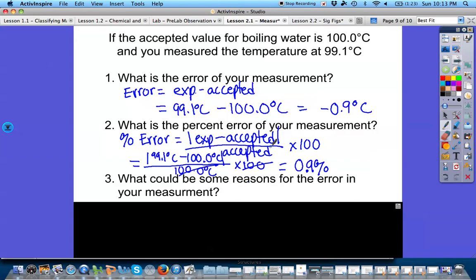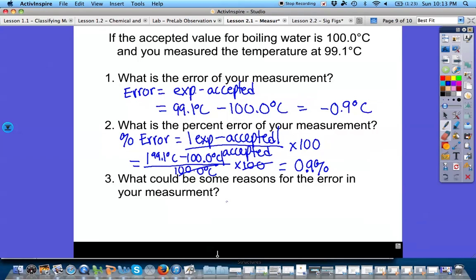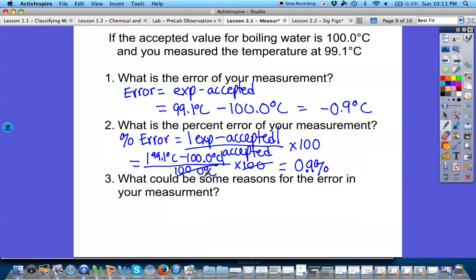So what do you think some of the reasons for the error in measurement are going to be? Do not just say human error. Say what the human error could be, in that you read the thermometer incorrectly. You could have been looking down on it or looking up at it, which would have caused a false reading.